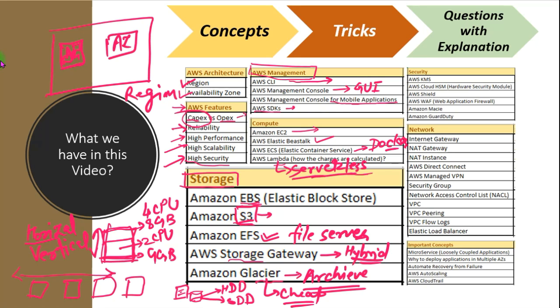Now we will talk about the security services. Here we are talking about the key management services. We have two key management services here. One is AWS KMS, which stands for Key Management Service. Next we have AWS CloudHSM, which is Hardware Security Module. Both services are used for key management and data encryption.